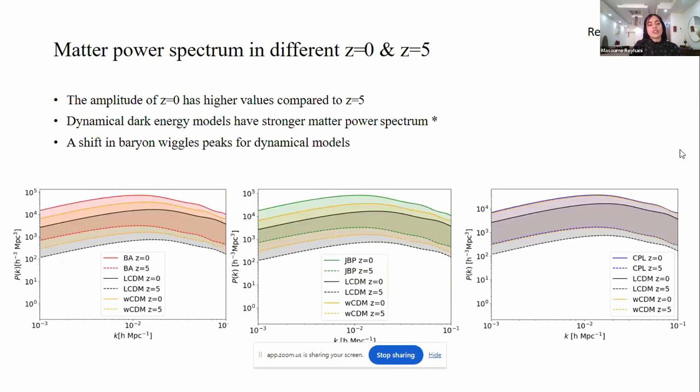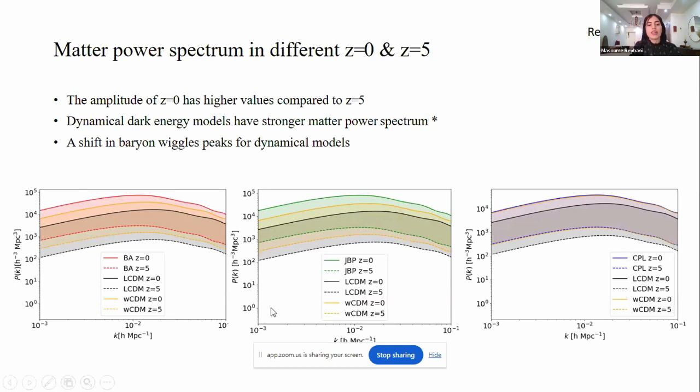To study the ISW effect, at first we need to study the matter power spectrum and the evolution of the ISW source. So here we have plotted the matter power spectrum at two different redshifts, z equal to 0 and z equal to 1.